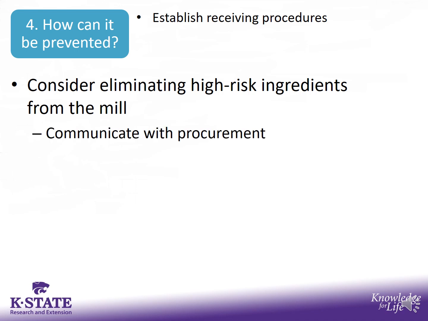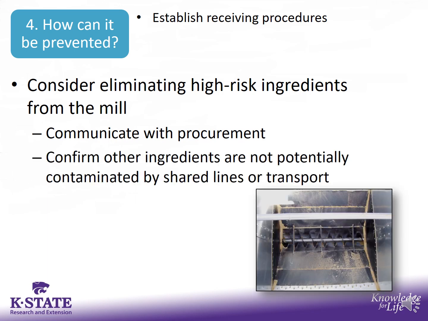If you're going to eliminate high-risk ingredients, communicate this with procurement. Certainly, we've seen previous instances where there's a decision to exclude a high-risk ingredient from the mill, but procurement has not been informed of this and continues to purchase ingredients.